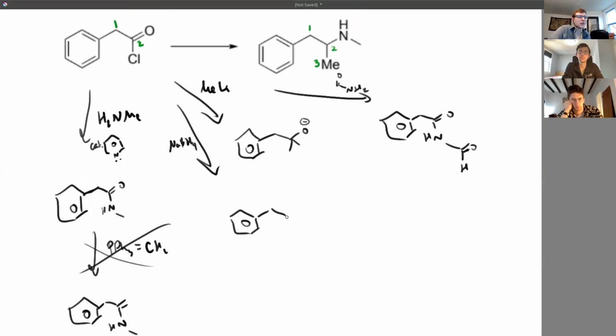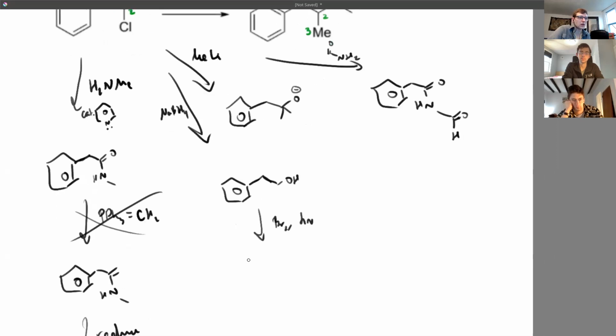So if we did something like this and then we brominated, we would get allylic bromination, right? And that's not going to let us put our methyl where we want it to go. Still won't work.